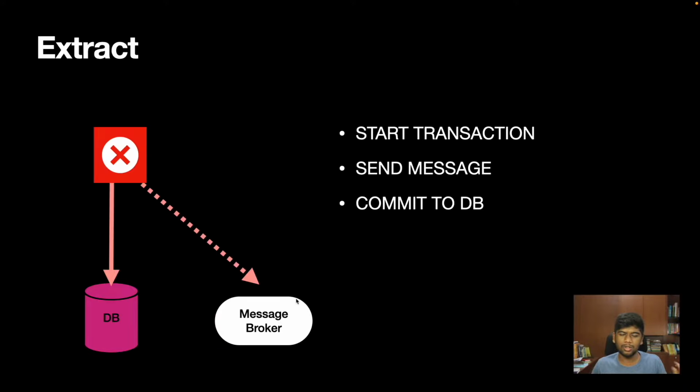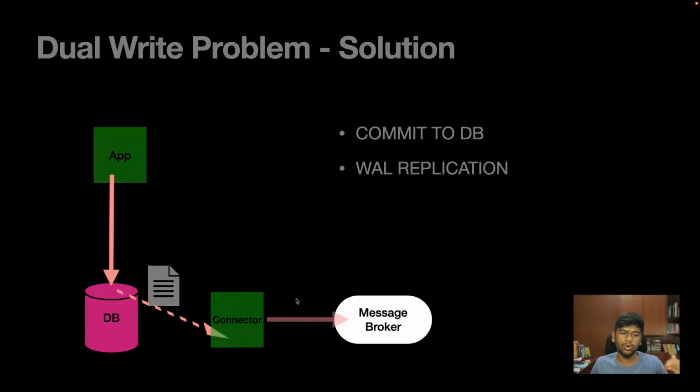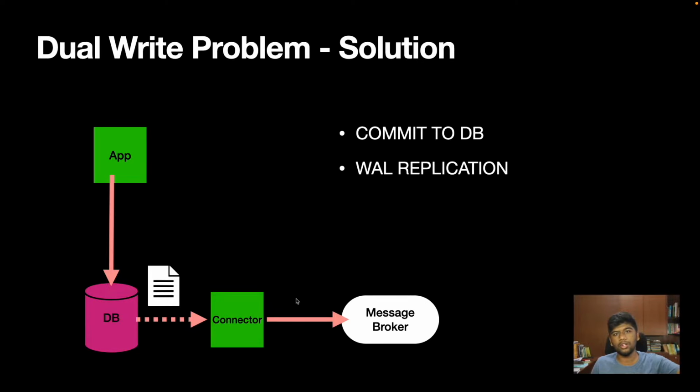And this is actually not even possible if the application developers are not ready to directly push data from their application, right? So it's always a good idea to not rely on the application to push data. Instead, the solution to the dual write problem is you commit to the database, and then you use the write ahead logs.